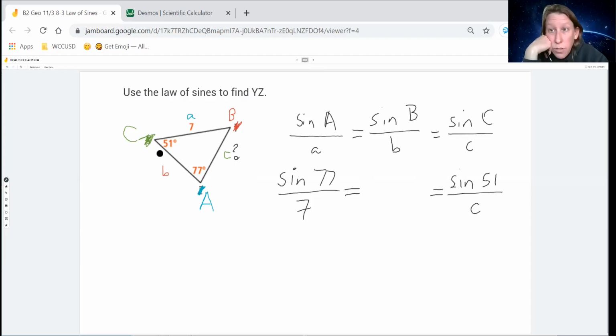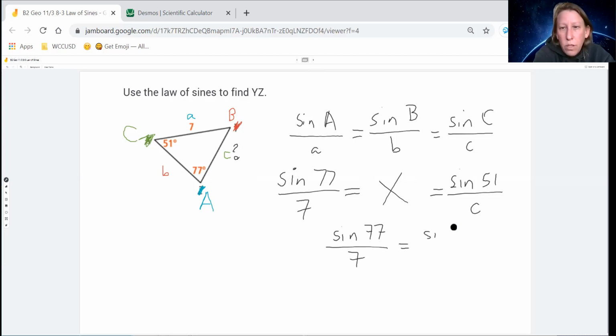When you're using these problems, you actually only need 2 out of the 3 because we can solve proportions. So I'm just not going to worry about this for now. I'm going to put these next to each other, and then solve this math problem. This is called a proportion. This is the sine of 51 over some number that I'm trying to find out. Okay, how do we solve proportions?